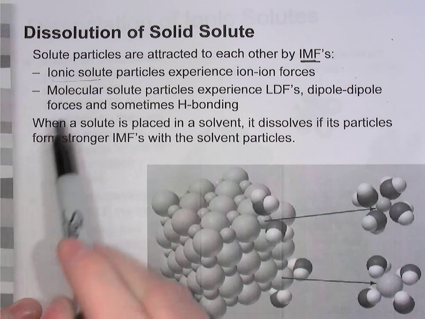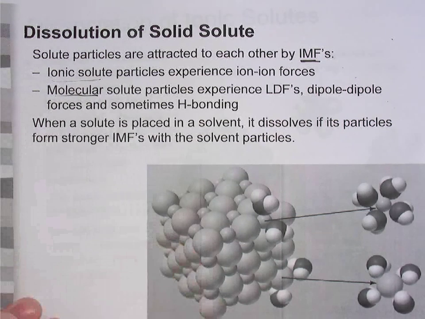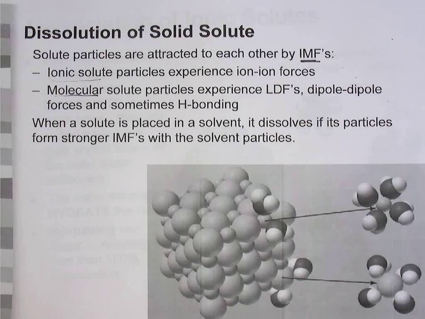If you're talking about a molecular solute, a covalent solute, they're held together by London dispersion forces at the bare minimum, and then they may also have dipole-dipole forces if the compound is polar, or even hydrogen bonding in some cases. So why would a salt dissolve? Why would a molecular compound dissolve if its particles are held together strongly with IMFs?